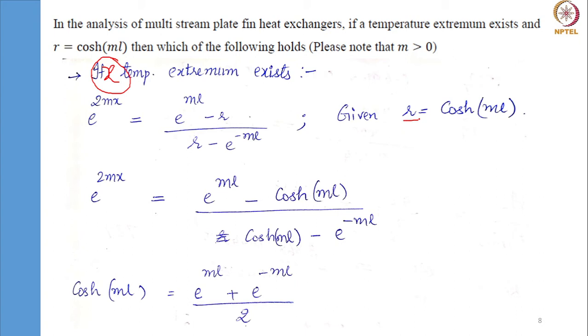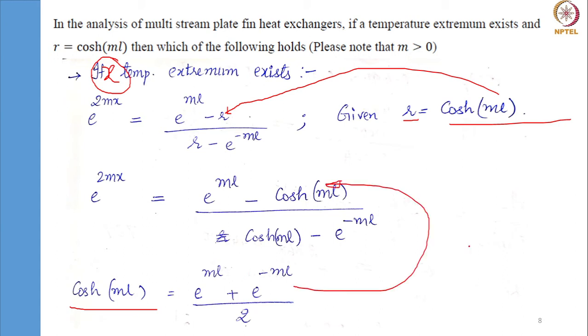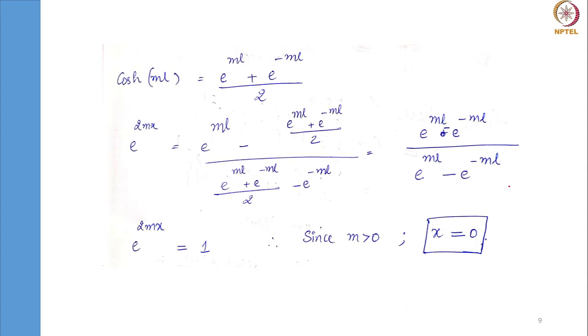Given that r equals hyperbolic cosh ml, we'll plug the value of cosh ml into this function as r and use the definition of hyperbolic cosine. Cosh x is defined as e power x plus e power minus x by 2. Once we know this definition, we are through. Just plug the value of cosh ml into this equation, and the rest is just arithmetic. There should not be much of a concern.